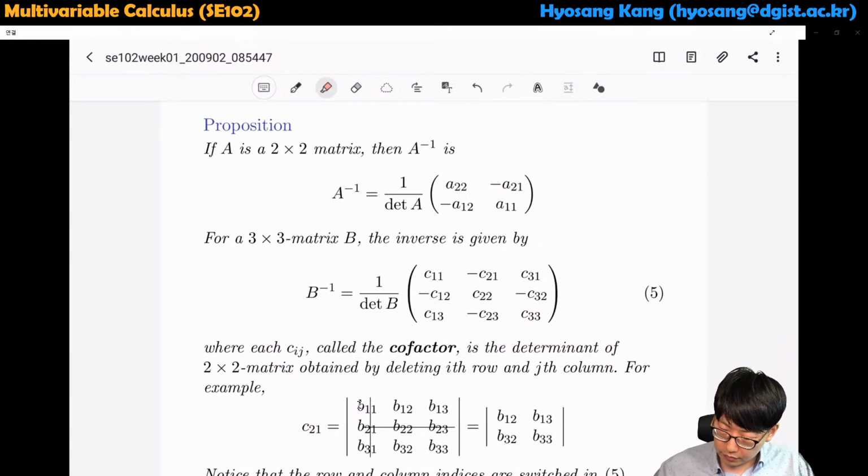Since we have a non-singular matrix, the determinant must not be 0, so we can take the determinant as the denominator of this fraction. Then our inverse matrix can be written as this matrix. So you switch the diagonal entries, and then you take the negative sign.